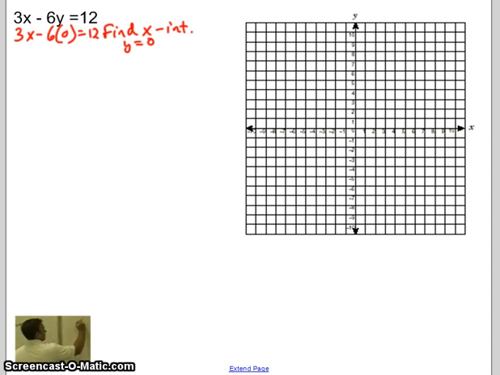Now we solve. 6 times 0 goes away, so we're left with 3x = 12, and we get x = 4. So our first point is (4, 0).